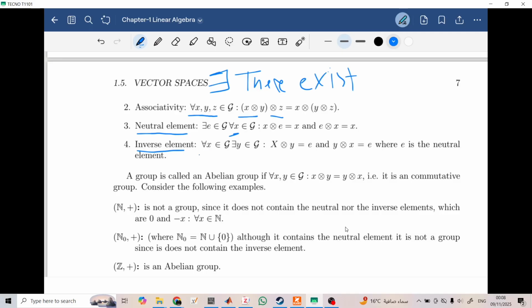You say that for all x in the set G, there exists a y in the same set G, such that x operation y equals the neutral element, and y operation x equals the same element, which is the neutral element. Okay, so let's go back and see the examples that we had here.